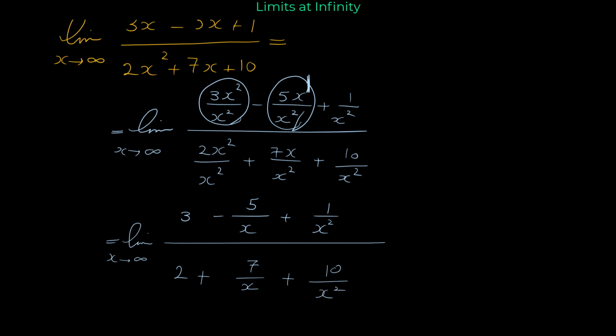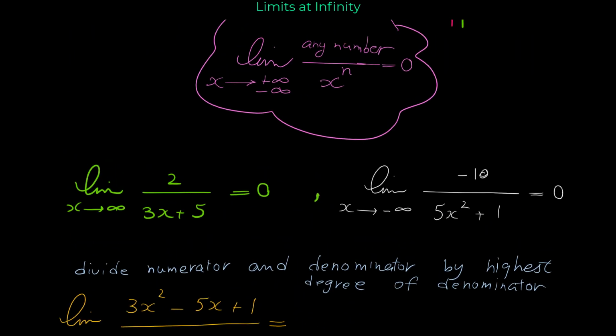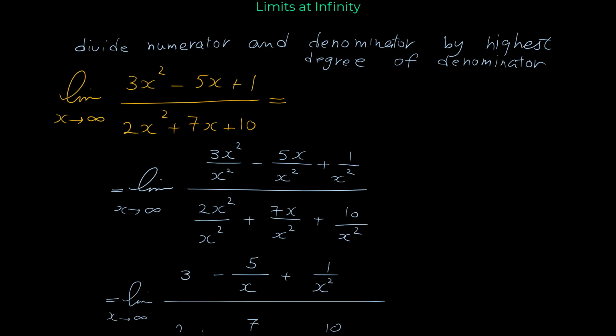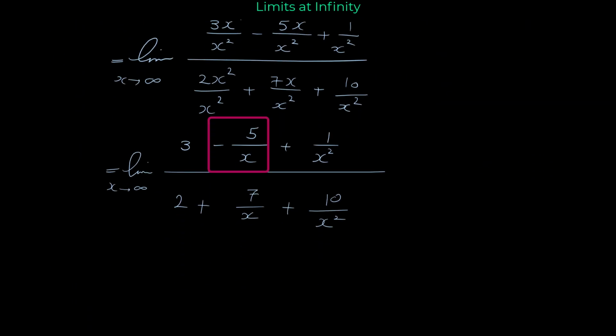After you did this, now you need this general rule. This helps a lot. I told you, the limit of any number, 2, 5, negative 2, over x to different powers as x goes to infinity is 0. Now look here. In the numerator, we have negative 5 over x. What is the limit of that when x goes to infinity? 0, because we have a number over x and x goes to infinity. So this is 0.